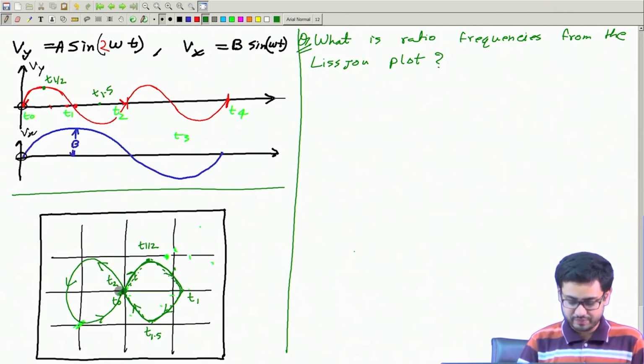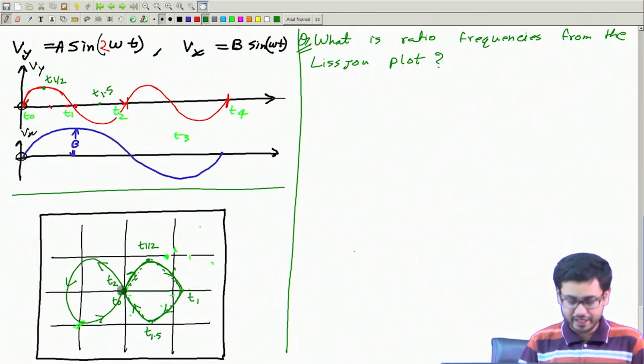This is one traversal, and in this way I have gone right, left. So that means one cycle of the horizontal signal Vx. Okay, you see, right, left. So this is one cycle of the horizontal signal Vx.